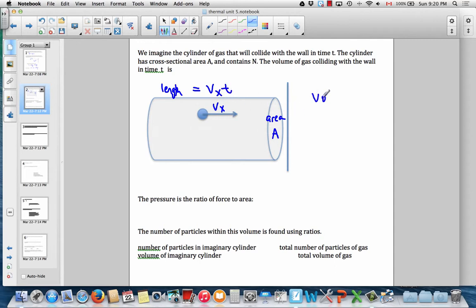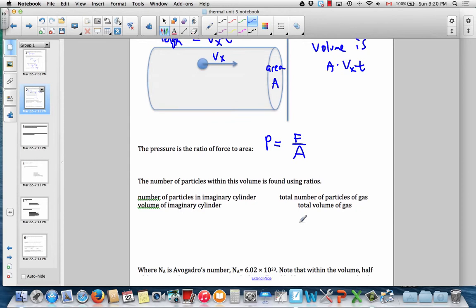So the volume of this cylinder is cross-sectional area times the height. Now this area also appears in the definition of pressure, because pressure is collision force distributed over that area.